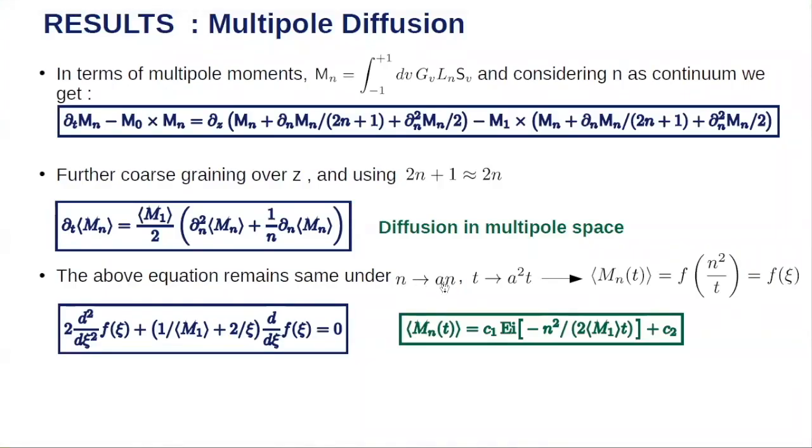The scaling n going to a times n and t going to a squared times t leaves the equation of motion the same, so the solution should have a functional form in terms of n squared over t. This symmetry transformation reduces the partial differential equation for each multipole moment to a simple ordinary differential equation.